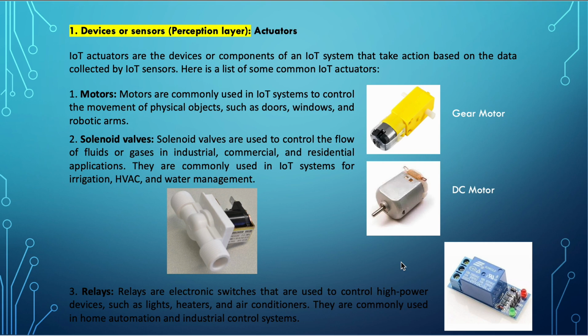To put it in simple words, this is an automated tap. A solenoid valve is there to open and close the flow of liquids and gases when it is necessary.